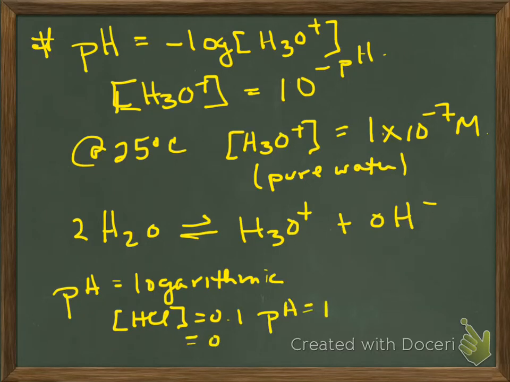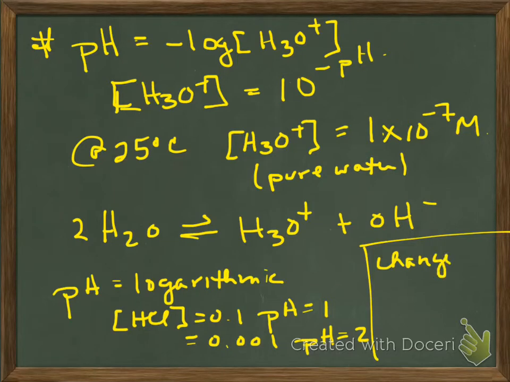If it is equal to 0.01 molar, the pH is equal to 2. Also remember a change of 1 on the pH scale is a 10-fold change in concentration of hydronium.